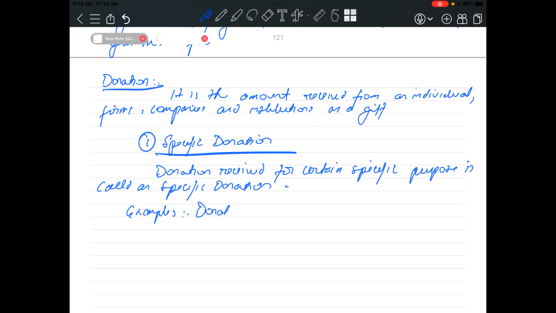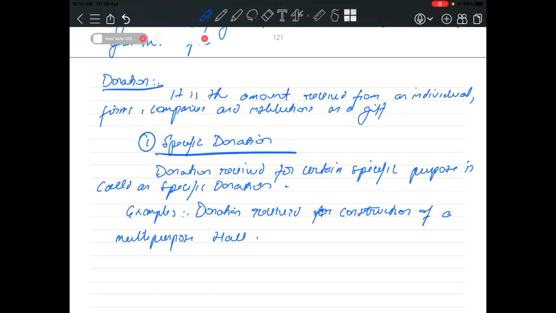Donation received for construction of a multipurpose hall. Say for example an organization has received a donation for constructing a multipurpose hall. This kind of donation will be called a specific donation.